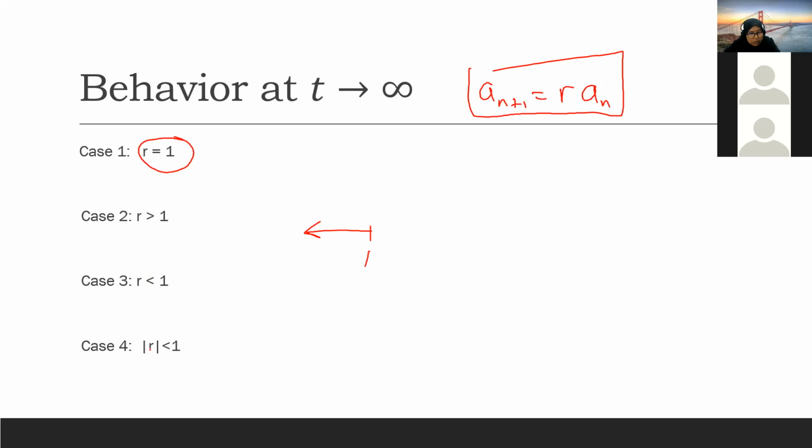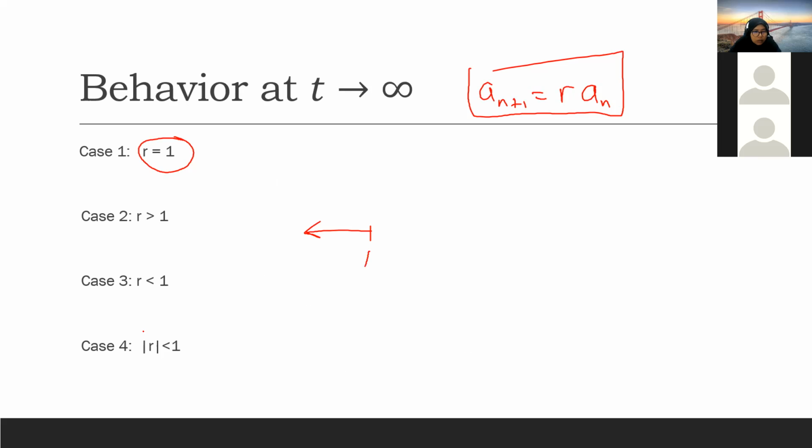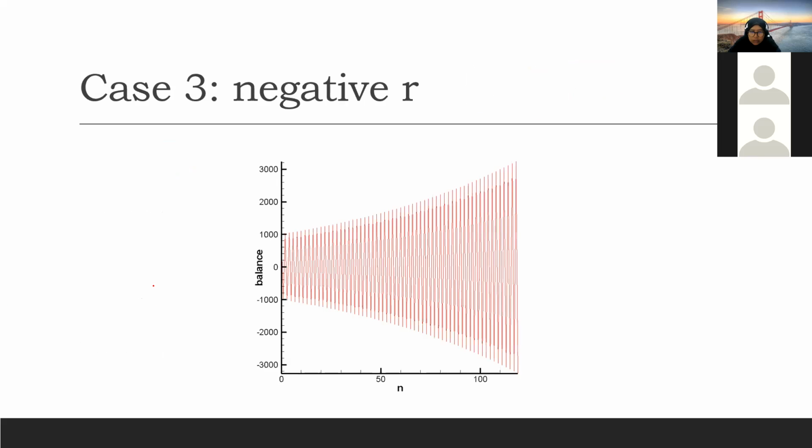And this one, the absolute value means that it is positive but less than 1, for example 0.5. Now let's see this negative r. Case of negative rate: this is unstable.